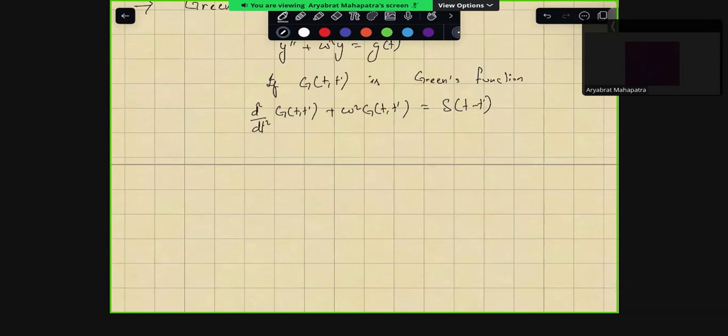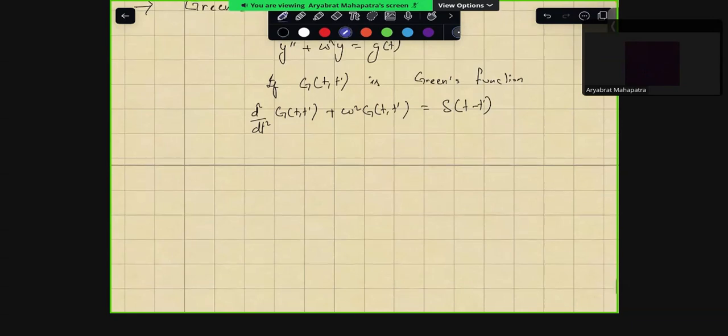So on this differential equation you do a Laplace transform. This Laplace transform gives you the Laplace transform of your Green function. Using initial conditions, you can very easily write this.